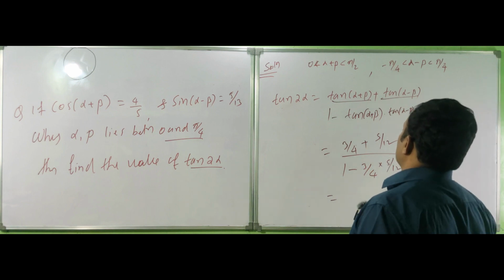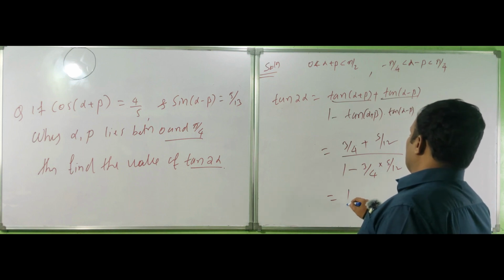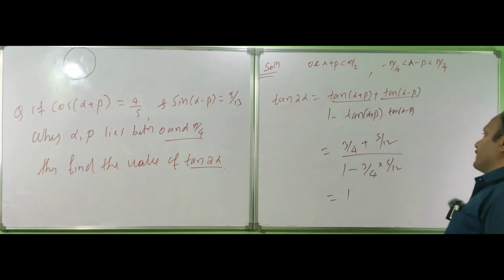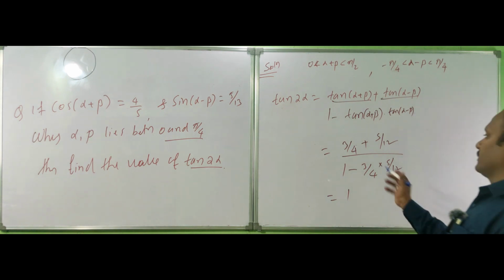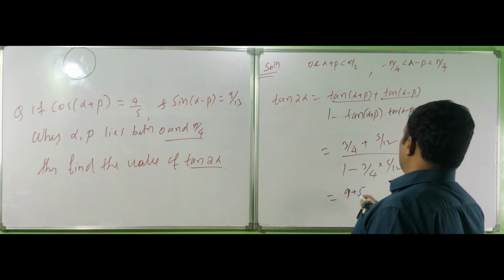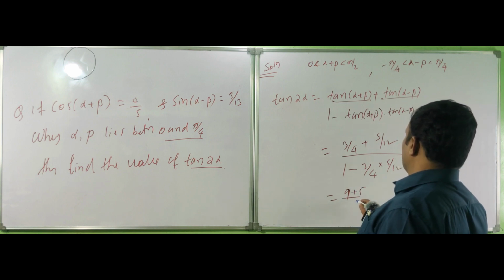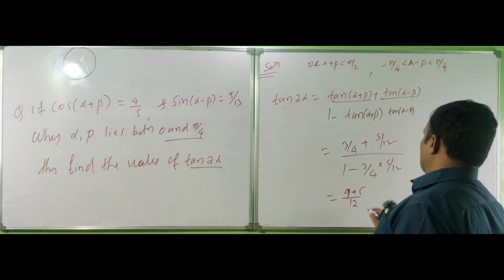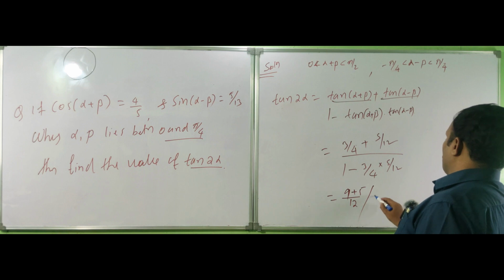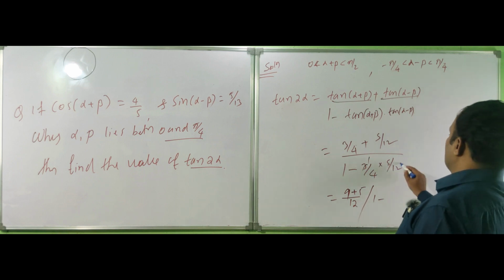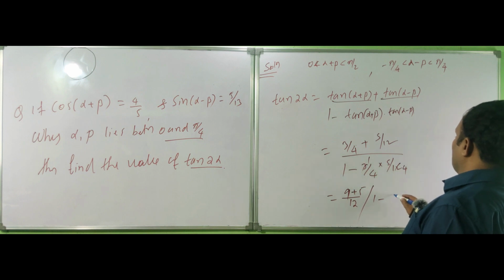This gives, LCM is 12. 4 3s are 9 plus 5 by 12, whole divided by 1 minus 3 ones are 3, 4 4s are 16, 5 by 16.